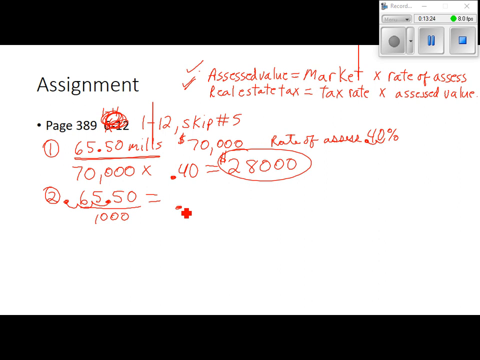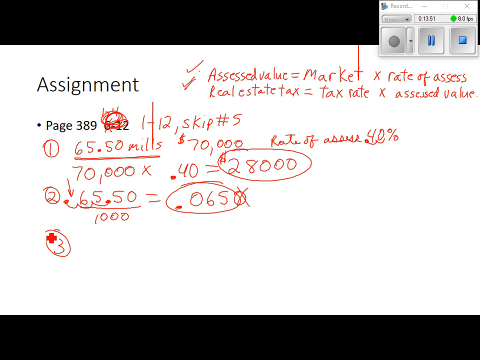So we get 0.0, we have to add a 0 in right here, 650. We really don't need that 0 on the end of this one. You do on money, remember you need to add that 0 if necessary, but this time it's unnecessary. And your answer to number 2 is 0.065.